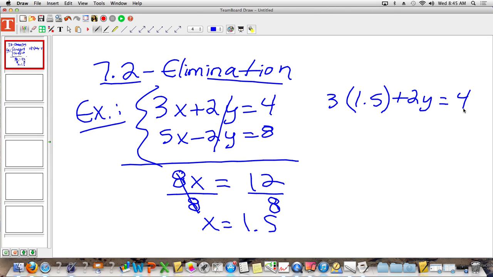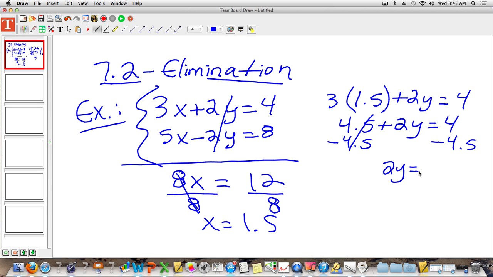Solve for y. So 3 times 1.5 is 4.5 plus 2y is equal to 4. You subtract 4.5 from each side. So 2y is equal to 4 minus 4.5, which is negative 0.5.